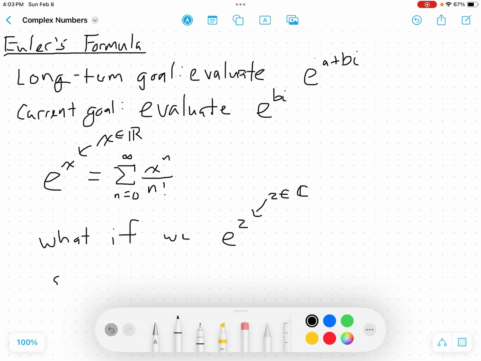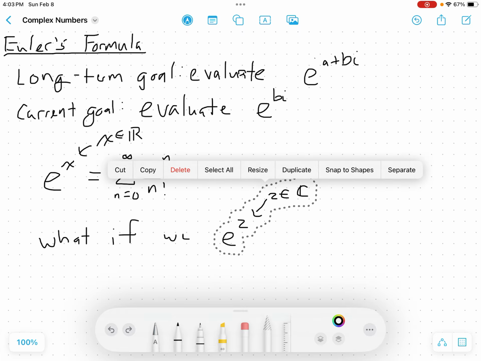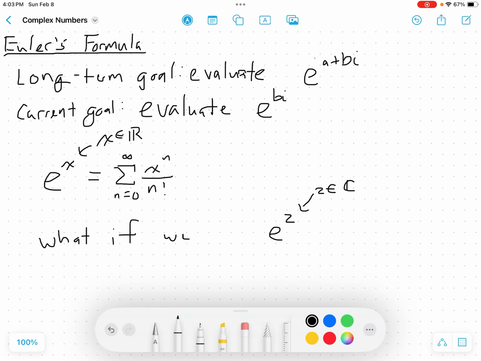So let me go back and actually say what I'm trying to say. What if we were to say that to find e to the z, we just fill in this complex number. So we'll go from n equals 0 to infinity, z to the n over n factorial.